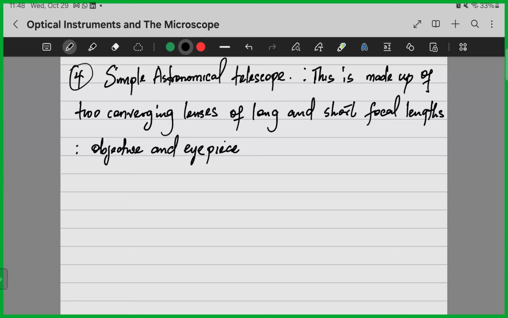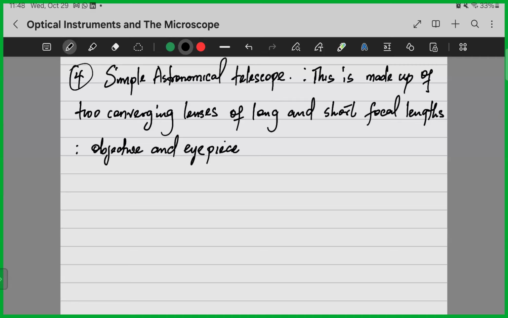We're going to talk about a modified astronomical telescope. Mind you, the topic is optical instruments. You see some of them? Modified astronomical telescope.